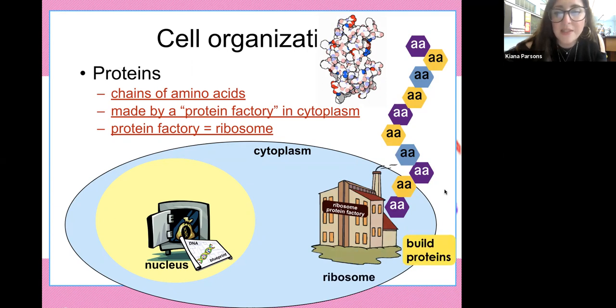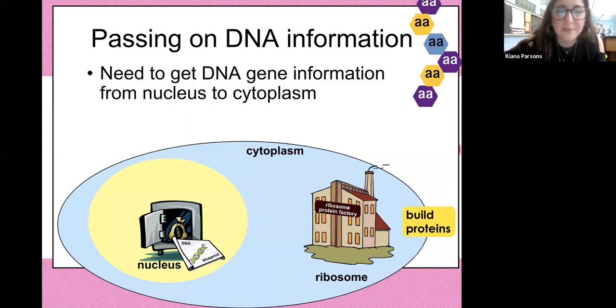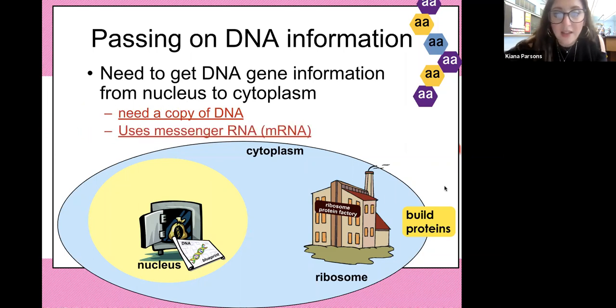Thanks, ribosomes. So passing on DNA information, need to get DNA gene information from the nucleus to the cytoplasm. How do we do it? Because the information from the DNA needs to make it to the ribosomes so they can actually build these proteins. We need a copy of the DNA, which uses messenger RNA.